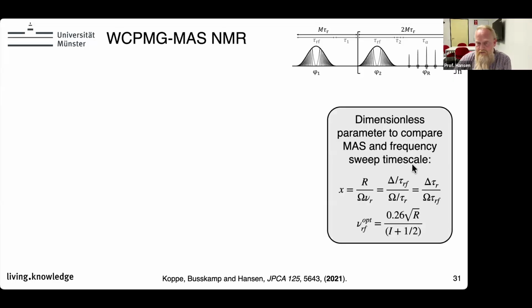We define a dimensionless parameter, which we call X, just for ease. This is a factor which relates the length of your pulse to the rotor period; simply, it's the bandwidth of the pulse divided by whatever width of spectra you're observing. And again, since these are linear swept pulses, the optimal condition is given by this expression.